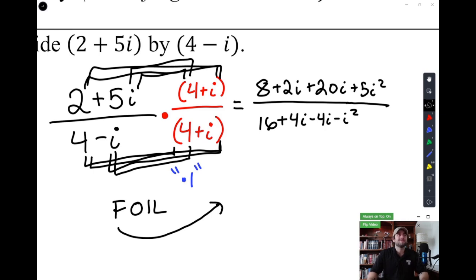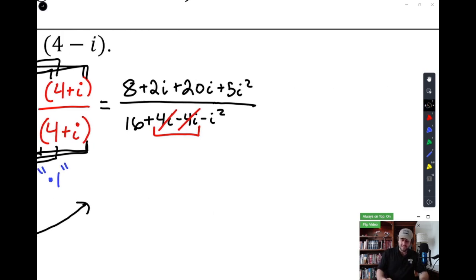And you may have already thought to yourself, hey, I see i squareds, those are going to reduce, and I see some like terms that are going to simplify. And that's true. So we see this positive 4i and negative 4i cancel out. We also see this i squared. Oh, i squared, isn't that the same thing as negative 1? It is.